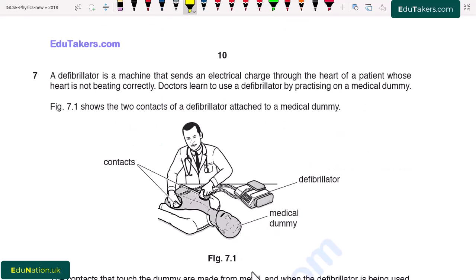Question number 7. A defibrillator is a machine that sends an electric charge through the heart of a patient whose heart is not beating correctly. Doctors learn to use the defibrillator by practicing on a medical dummy. Figure 7.1 shows the two contacts of the defibrillator attached to the medical dummy.